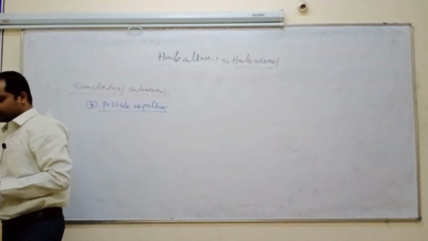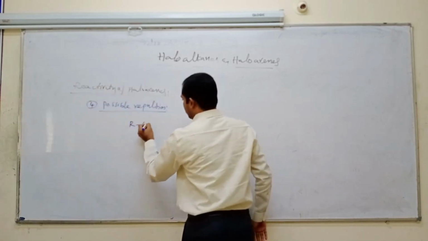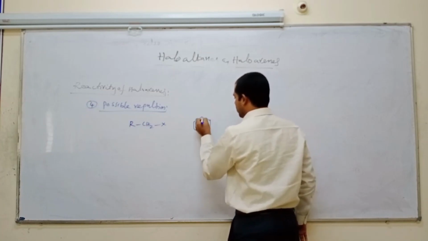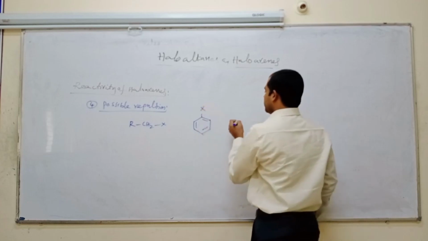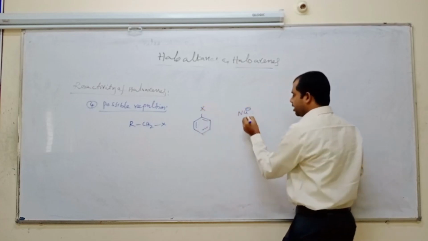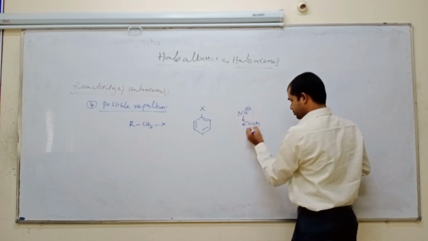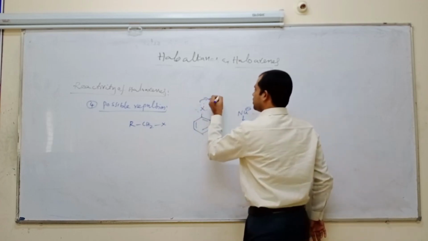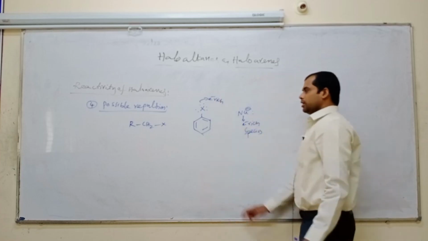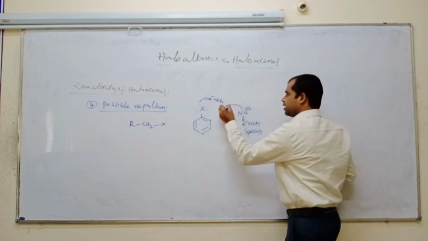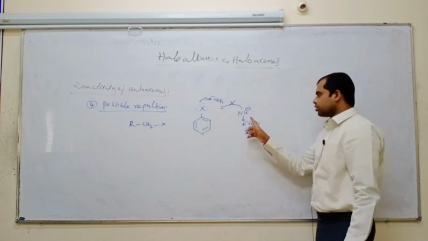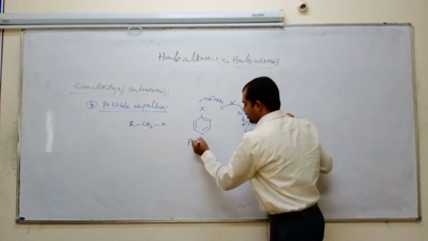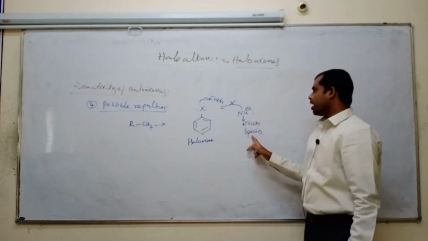In the case of haloarenes, the nucleophile is an electron rich species. The haloarene is also electron rich. Once the nucleophile attacks the haloarene, the nucleophile has electrons to donate, and the haloarene also contains halogen with electrons.